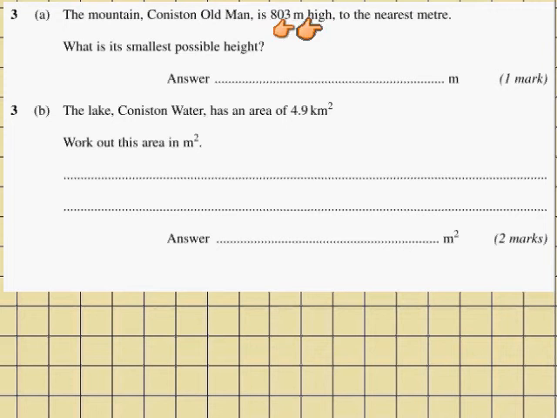Well, we're told it's rounded to the nearest meter, so we will have to look at this one smaller, which is half meters, if you like, or a tenth of a meter. So 803 is going to be rounding from between 802.5 to 803.5.